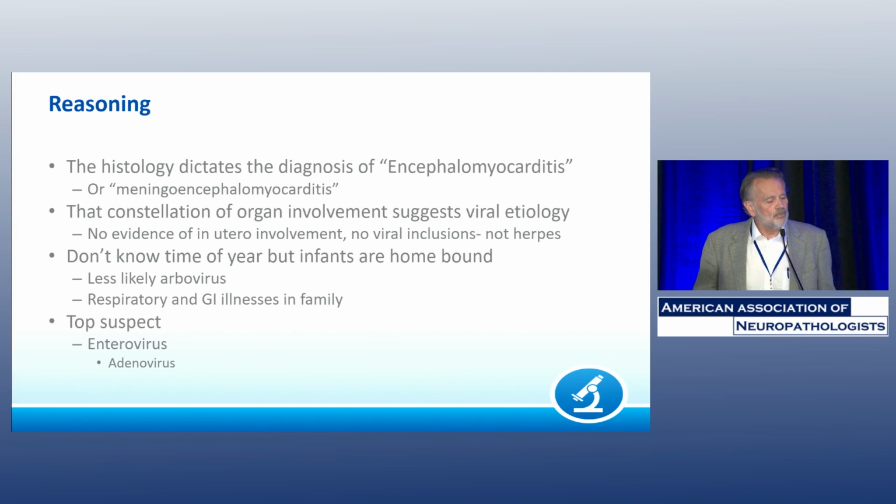You just sort of hang out at home. And so it's not very likely that they're going to get exposed to arboviruses or some other agents. But respiratory and GI illnesses are common at home, and they can be the principal focus. So the top suspects in a case like this would be an enterovirus, with an adenovirus less likely.